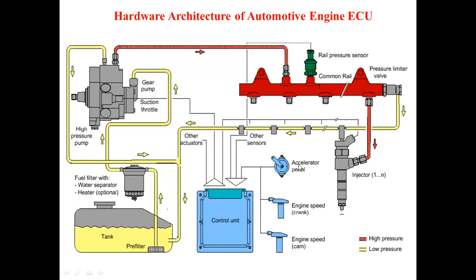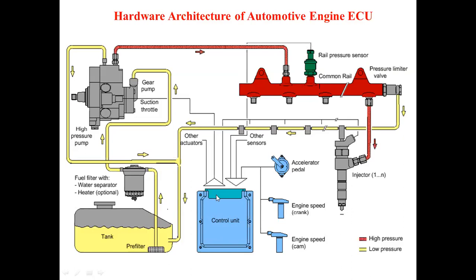Now, to know the various operating conditions of this engine, the accelerator pedal sensor is there, the engine speed sensor, that may be the crank position sensor, that may be the cam position sensor. All these sensors will give the information to this control unit, and other sensors.